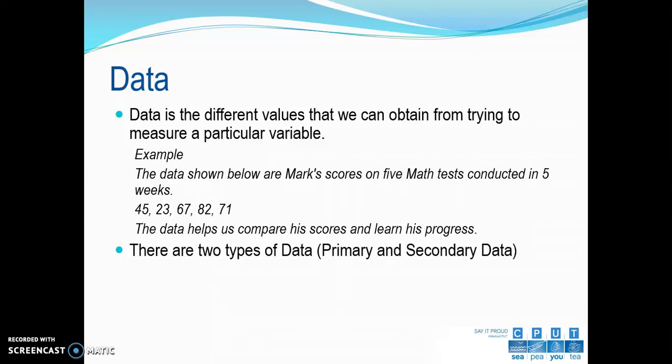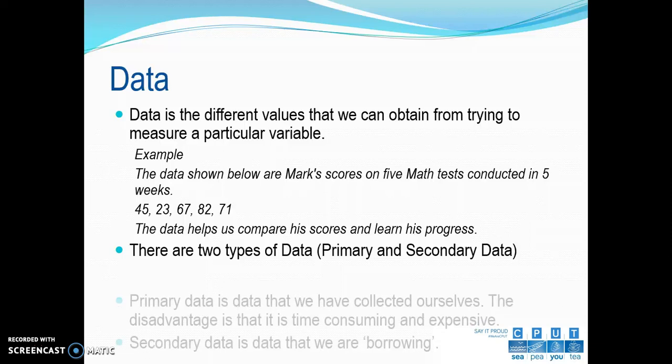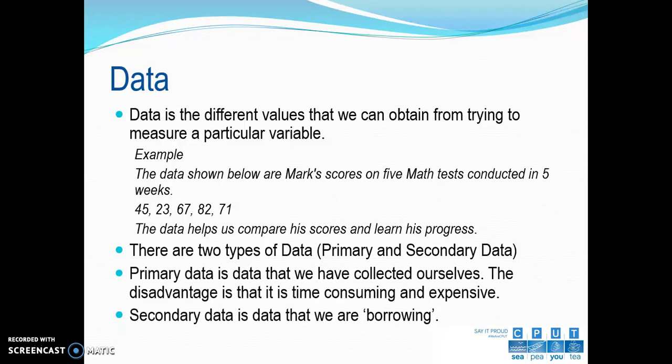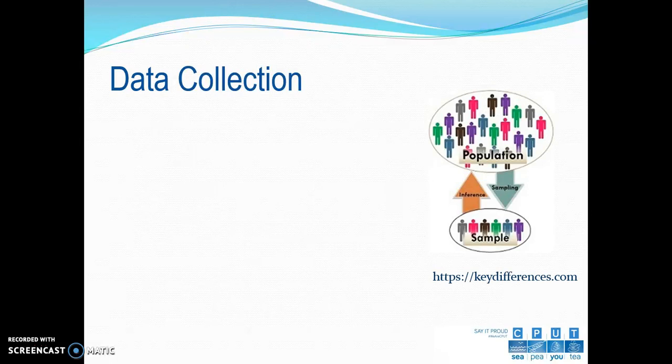There are 2 types of data: primary data and secondary data. Primary data is the data we have collected ourselves. However, it is time-consuming and expensive. Secondary data is the data we are borrowing. It is the data that is collected by someone else, but we are using for analysis.